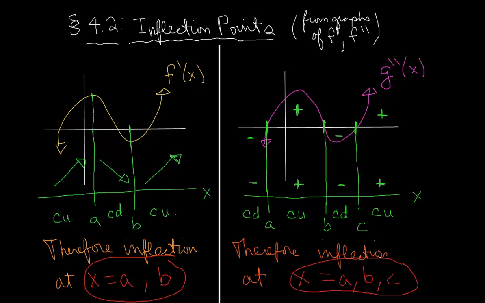Okay, there's one more point that I'd like to make here, and it's the following. Notice that all these points on the purple graph, the graph of the second derivative, all those inflections happened when it became 0, when it crossed the x-axis. Is that going to happen all the time? And the answer actually is no, because let's look at this. I'm going to erase a little bit.